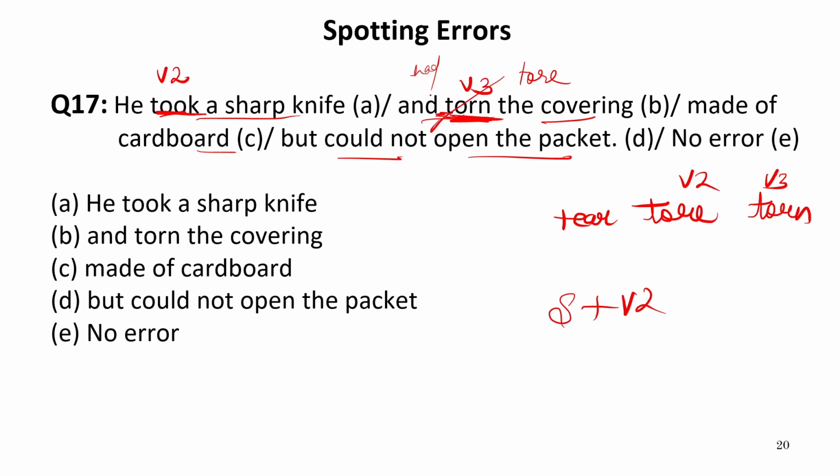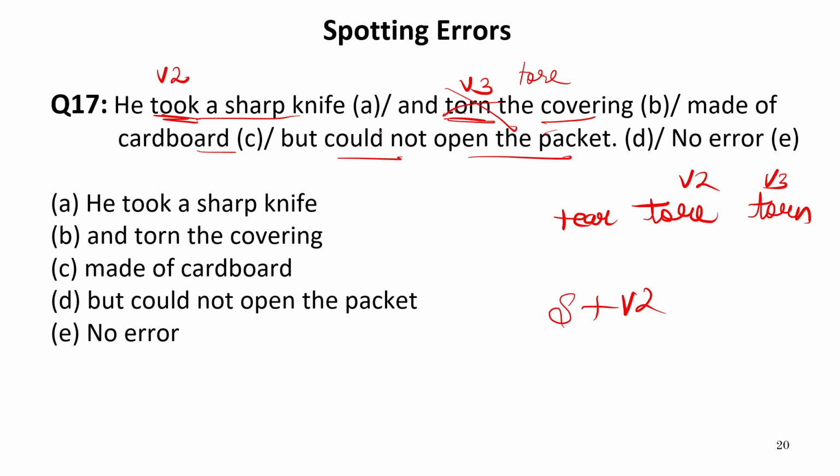And we cannot have two errors in one sentence or two errors in different parts, because if I make it had taken, the error is again over here because this took will be replaced with taken. Now the error cannot be in two parts at the same time. Therefore, we cannot add this had over here. So the error is in part B because this third form should be replaced with second form.